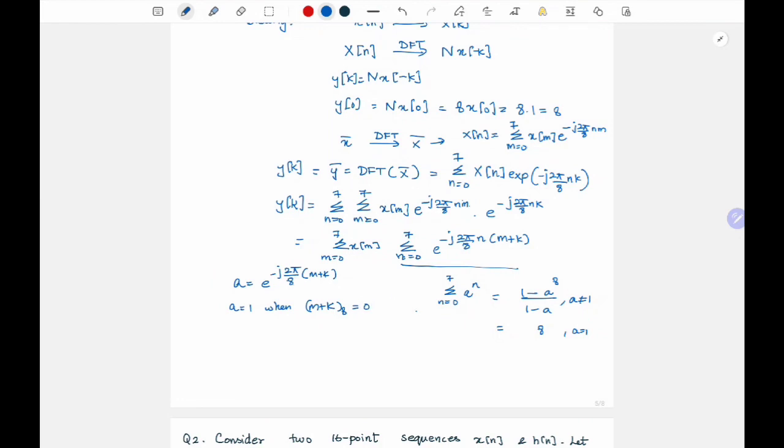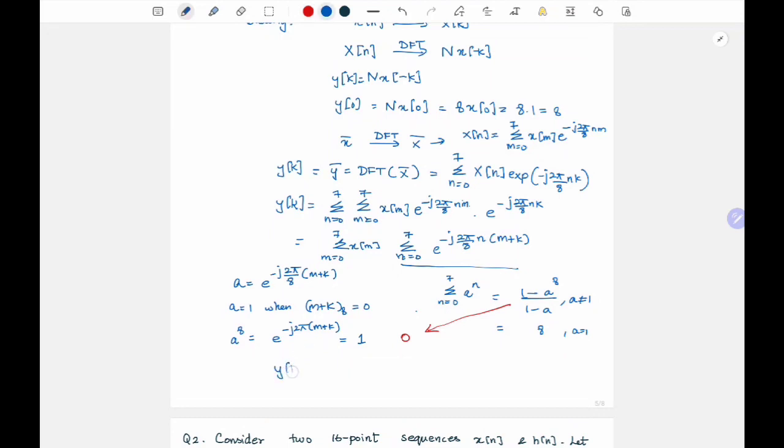In all other cases, what is happening to this? My a power 8 will be e power minus j 2 pi into m plus k, right? This is going to be equal to 1. So in all other cases, this will go to 0. So 1 minus 1 will go to 0. Only in this case, it will become 8.